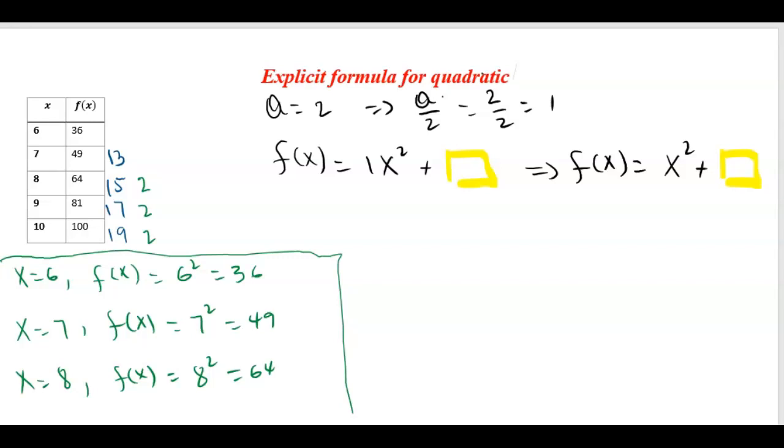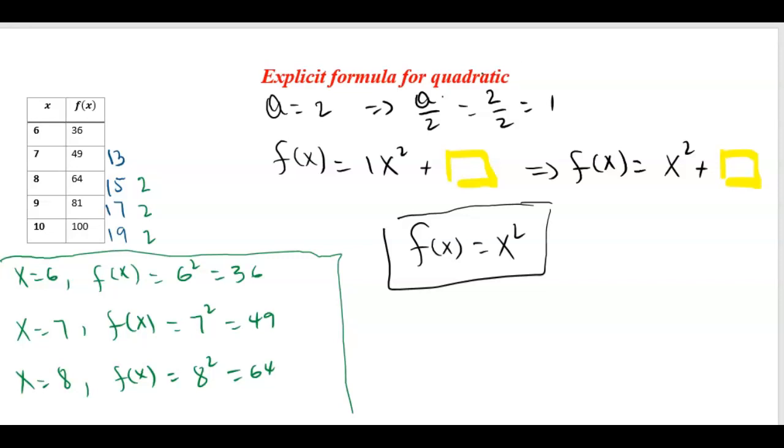The explicit formula for this will be f of x equals x squared. That's it. x squared plus 0, because there's nothing adding to it. That will be your explicit formula for that one. That's about explicit formulas, part 1.